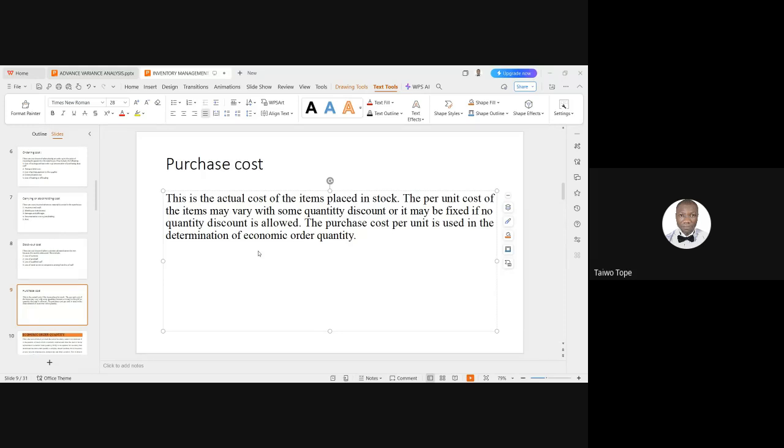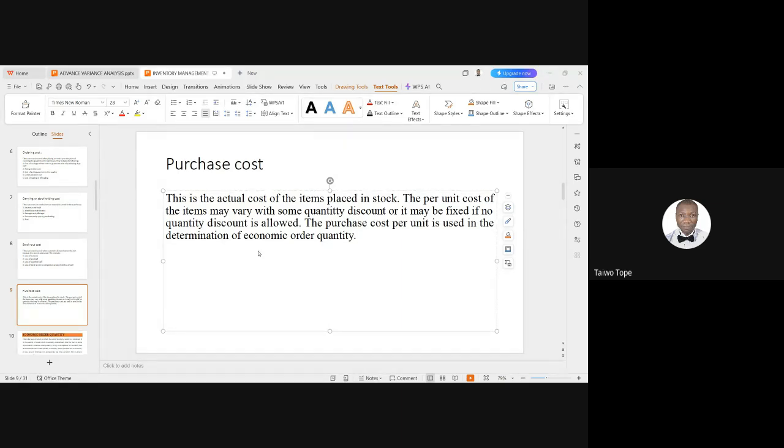Instead of buying today, buying tomorrow, buying next week, you should have a plan: if I order in January, February, March, what cost will I save compared to if I order every month?